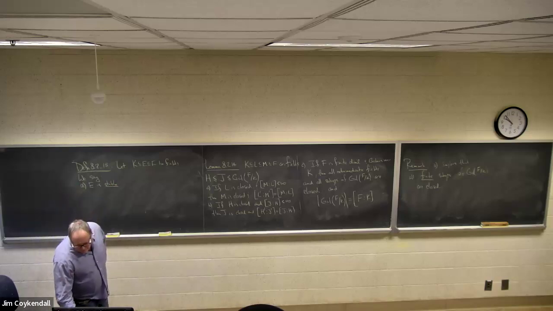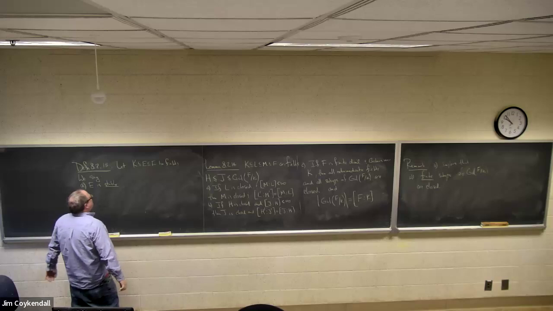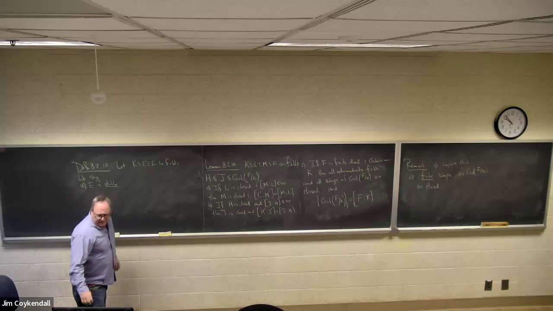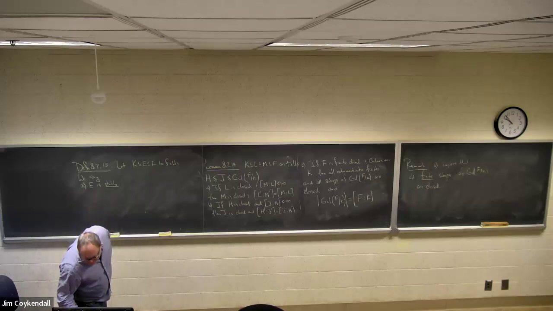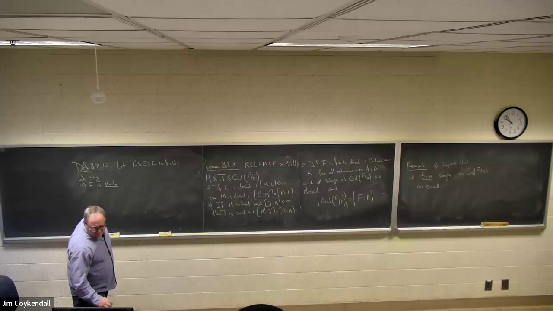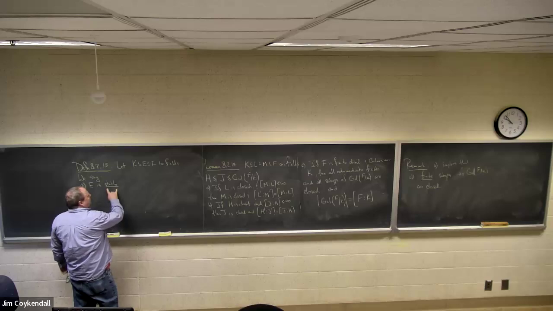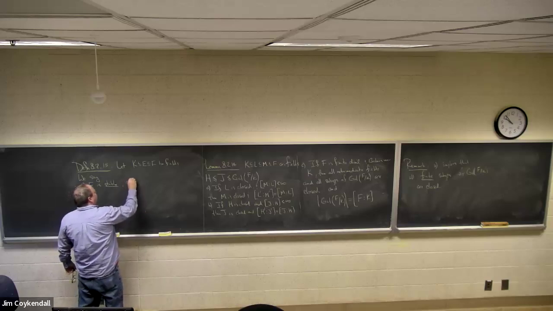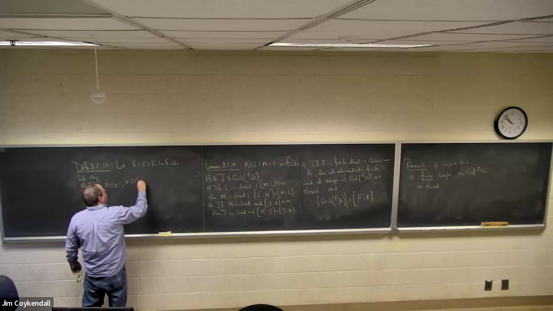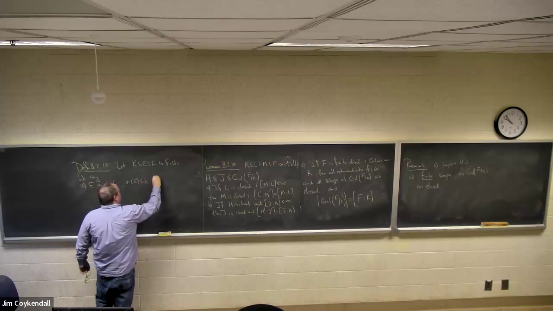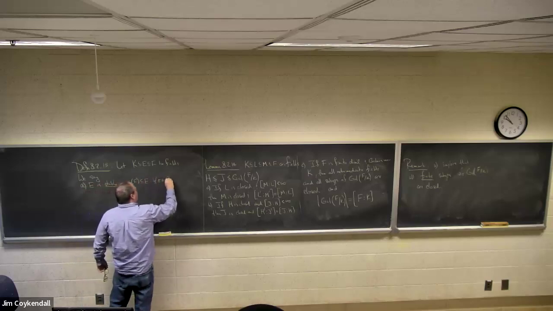What does it mean to be a stable extension? It means that sigma of E is contained in E for all sigma in the Galois group.